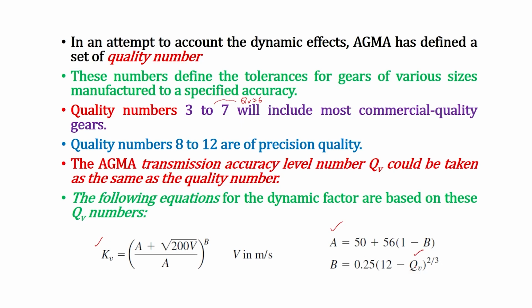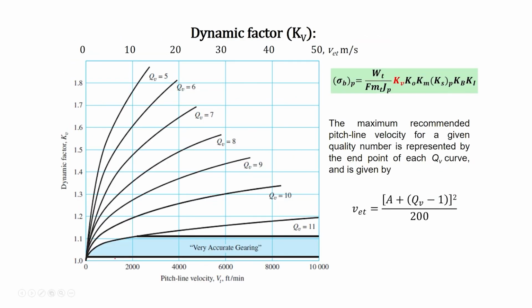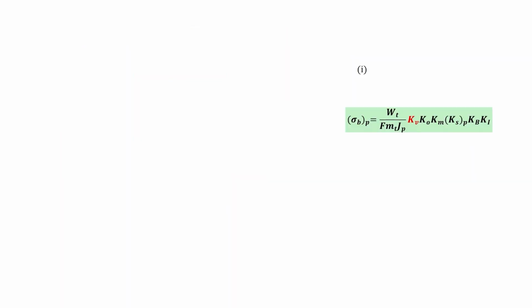So, knowing the quality value, we will determine the value of B. Our quality value is 6, and then we will find the value of A, and A and B will be substituted in this equation to get the value of Kv. There is also a figure based on the pitch line velocity in meter per second and the curve corresponding to the quality value. We can also find the value of Kv from it, but we are going to use the formula.